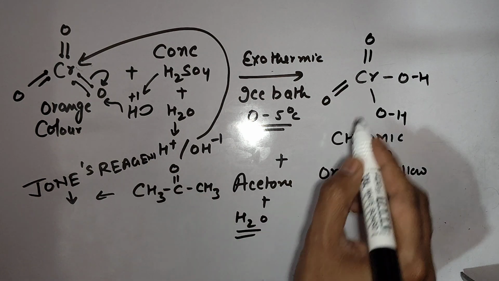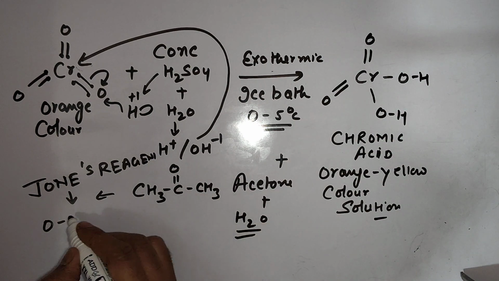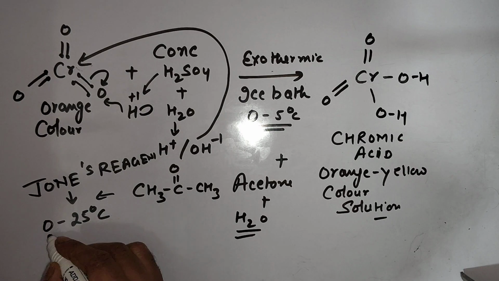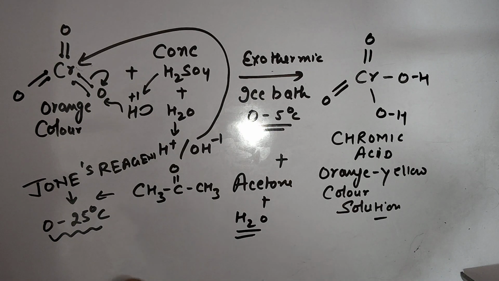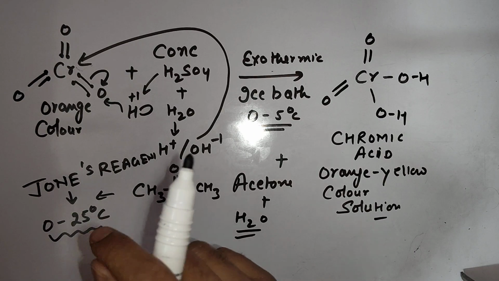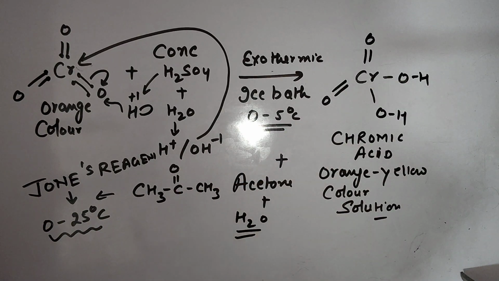And this whole Jones reagent will work in the range of 0 to 25 degrees Celsius temperature. Please note down this temperature. It is very important to understand its reaction.